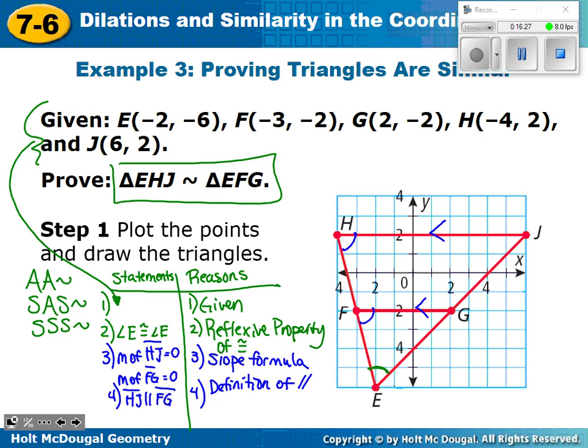So EFG and angle H would both be corresponding. Do we agree? Okay, so then number 5, I'm kind of running out of room down here, so I'm going to come up here. Angle EFG would be congruent to angle H, and that is by the corresponding angles postulate.